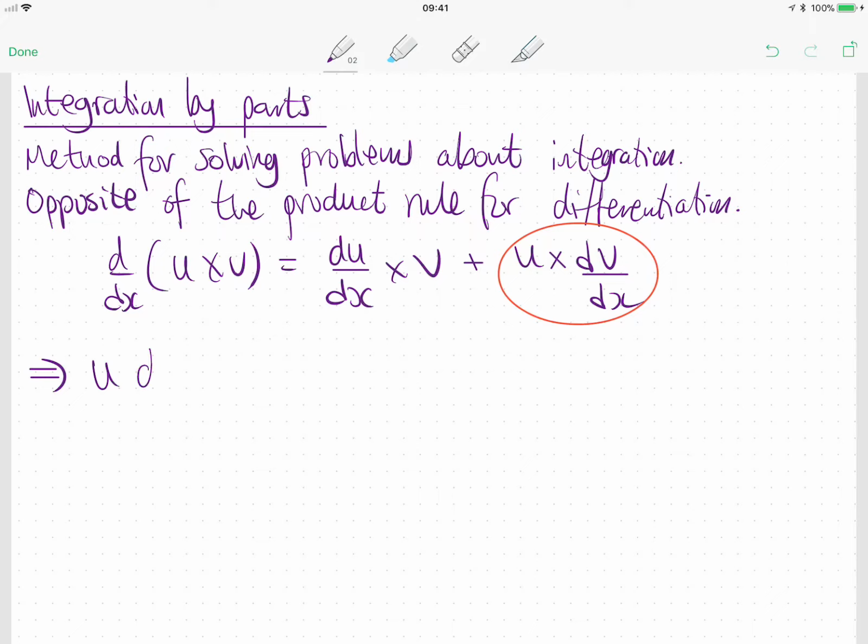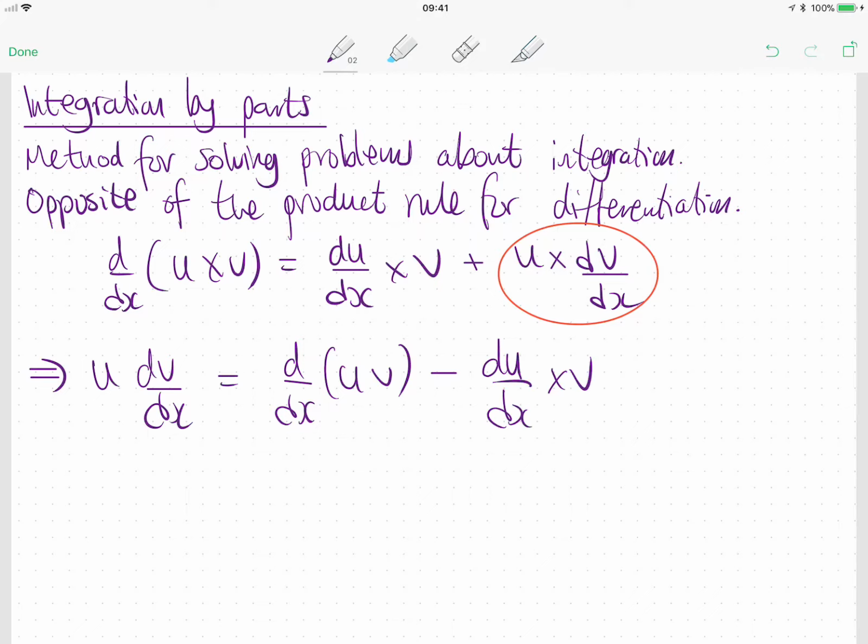So U dv dx is the same as differentiate U times V, subtract the du dx times V. So all I've done is take this term here and isolate it, and I've done that by looking at the term in front of it and moving it to the other side by subtracting itself from both sides of the equation, and then I've just written the thing you can see circled. I've written it first, it just appears here.